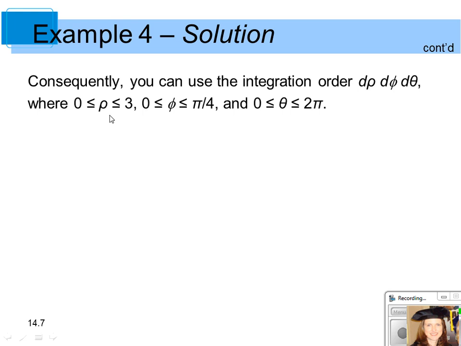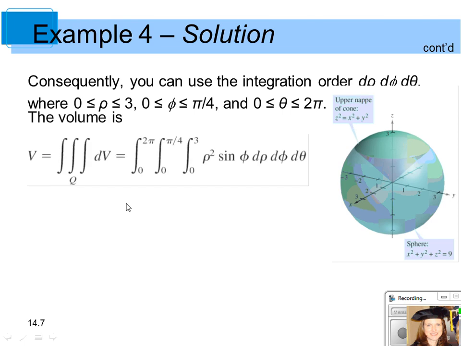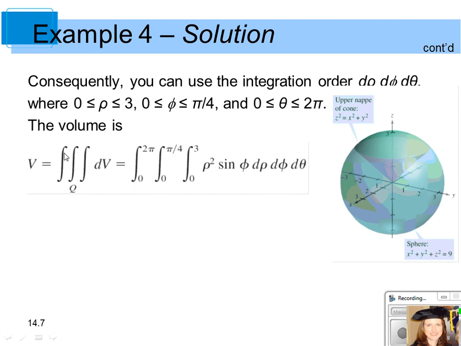Again, looking back at the picture, rho would go from the tip of the cone out to the sphere, and that sphere has a radius of 3, so rho goes from 0 to 3, while the angle phi goes from the positive z-axis down to pi over 4, and the angle theta goes from 0 all the way around to 2 pi.